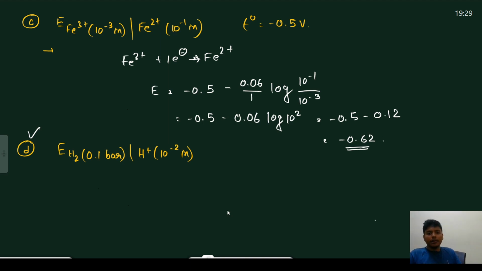I didn't give it? Given. Check properly, it is written. What is the E naught value for this cell? Hydrogen to H plus. 0. So 0. Okay, sir.